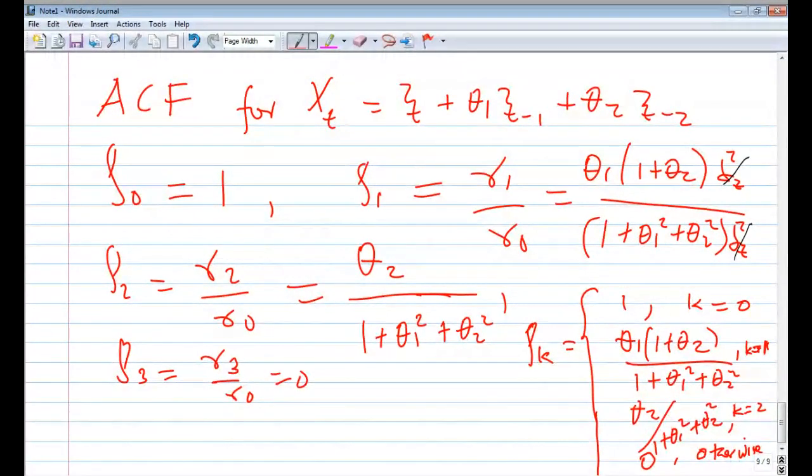For k greater than 2, or 0 for k greater or equal to 3, or 0 otherwise, is the same thing. So this is the autocorrelation function at lag k, rho k. So this is how you calculate the autocorrelation functions.